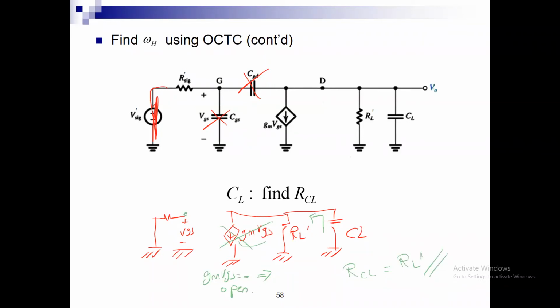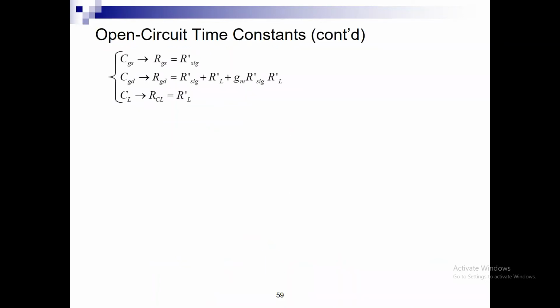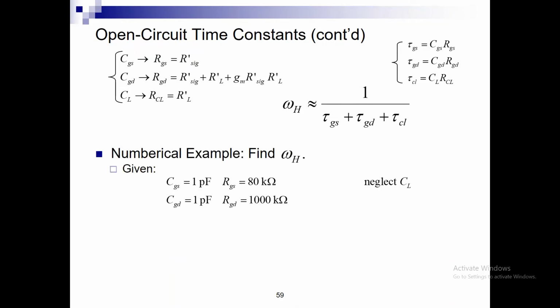Okay, done. We are going now to clear this, and let us see what I have. All the 3 time constants now. Okay, so I can calculate my 3 dB frequency as 1 over the summation of the time constants. And here he's giving me a numerical answer where he plugged in already the value of the resistors.